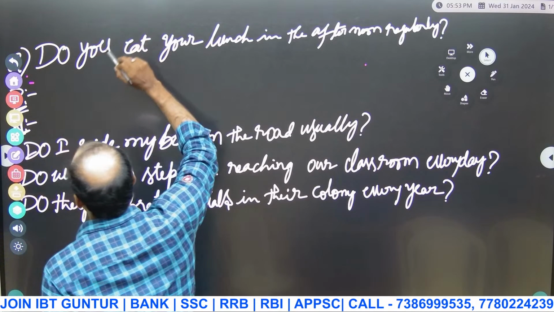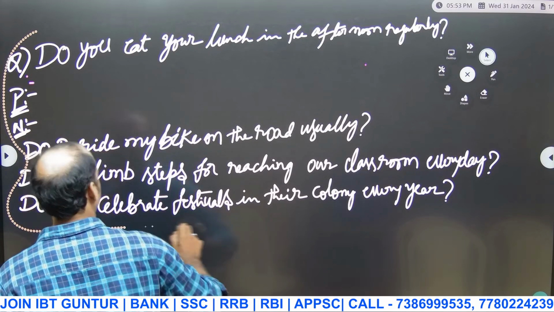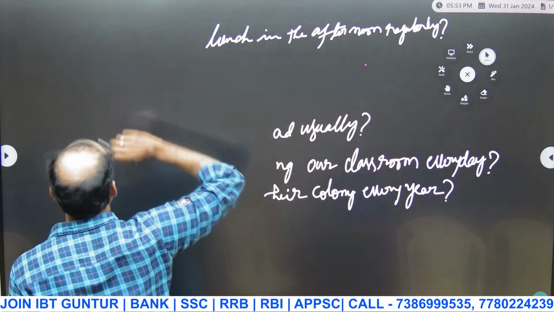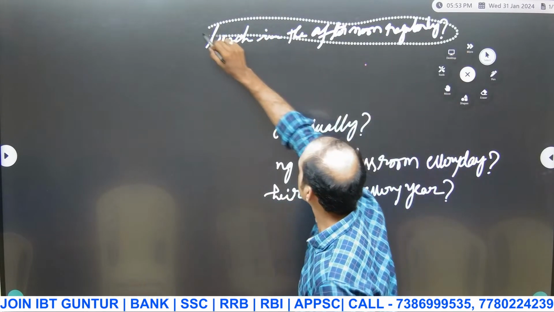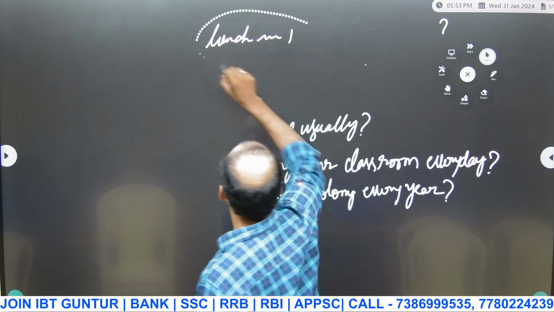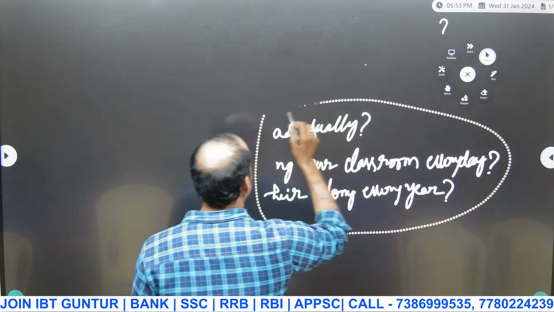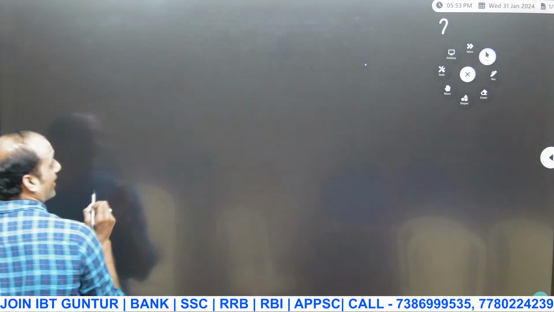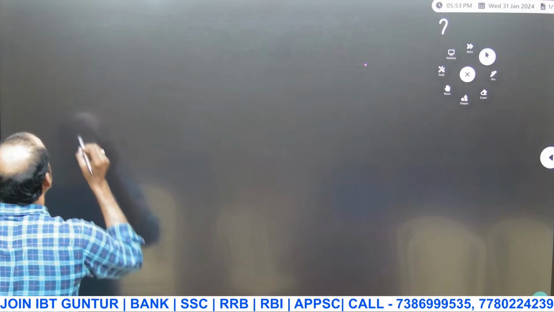I am clearing this. I need some more space. Let us discuss about verb forms in a brief manner, simply.